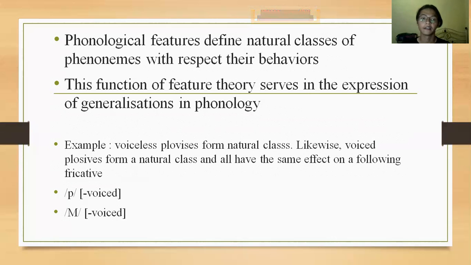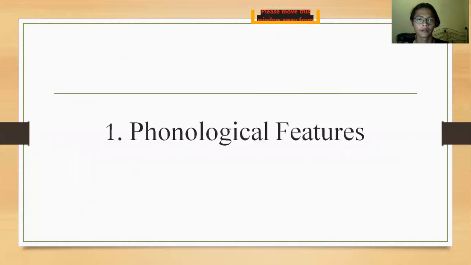So here is an example: voiceless plosives form a natural class, and all have the same effect on the following fricative. P is voiceless and M is voiced. So that's all from phonological features.